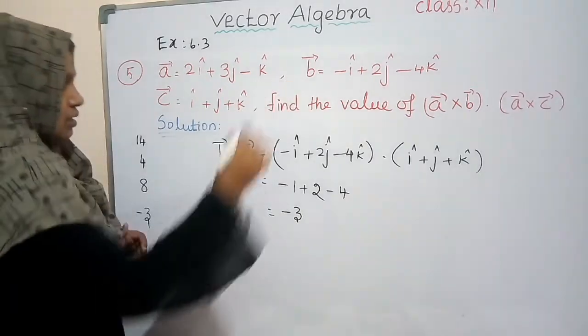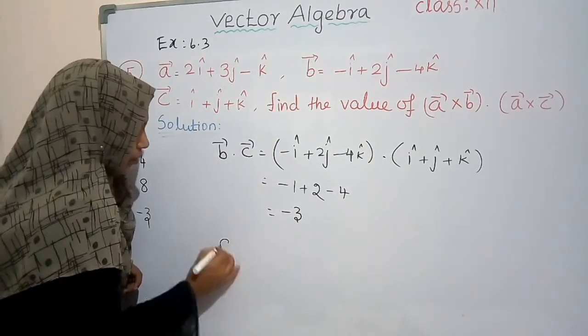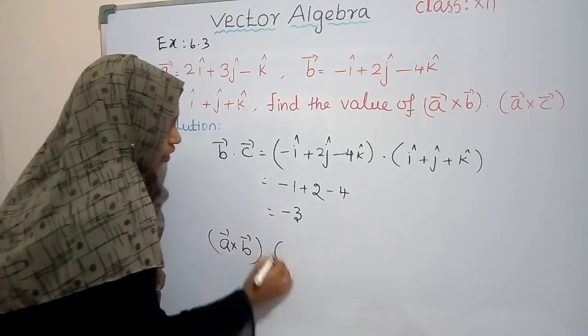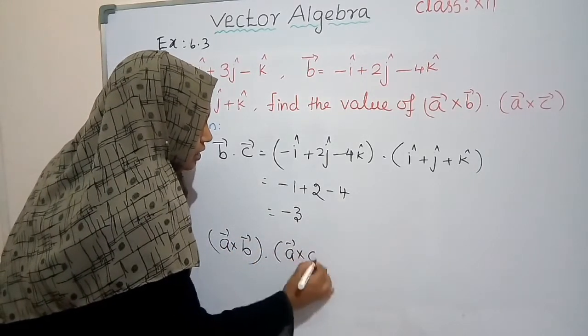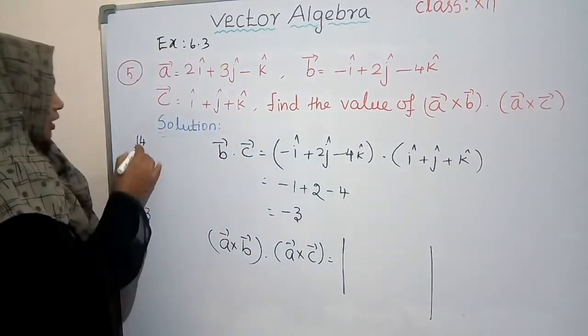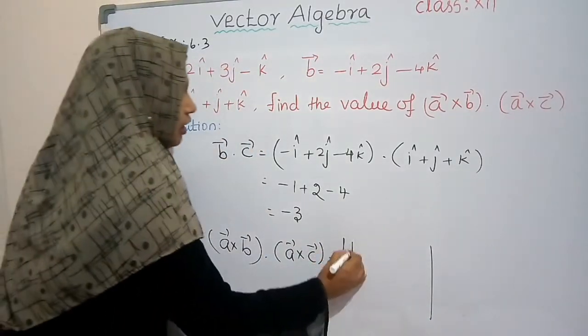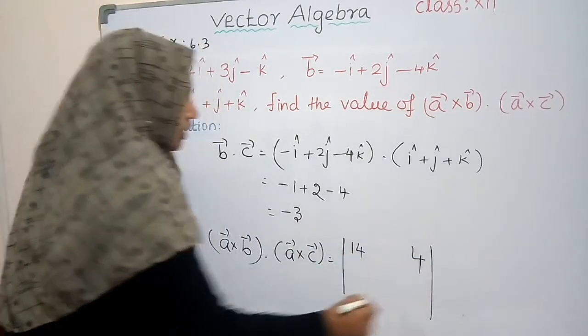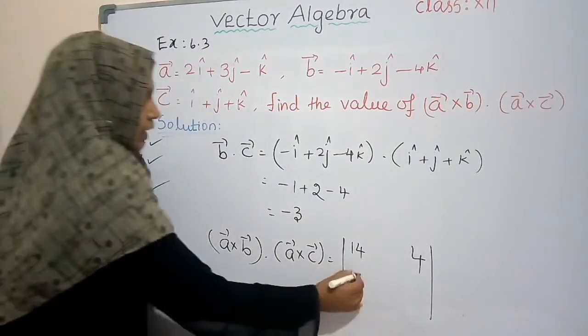So using this we can write the determinant value, A vector cross B vector dot A vector cross C vector. It's a determinant value, so we have written it already here. The first value we can write 14, the second value is 4, and the third value is 8.